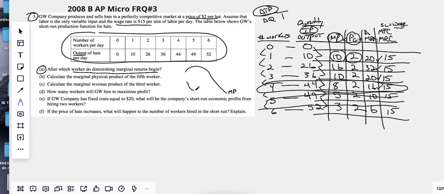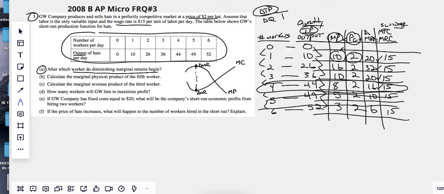Remember, your marginal product is just a mirror image of your marginal cost curve. Now, this isn't necessary for this understanding, but it helps, in that we know diminishing marginal returns sets in when marginal product is maximized and where marginal cost is minimized. That's where diminishing marginal return sets in.